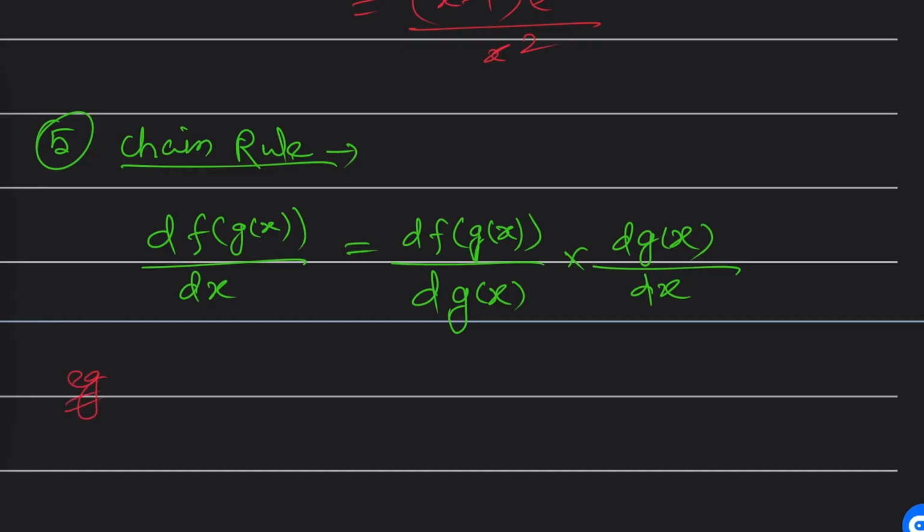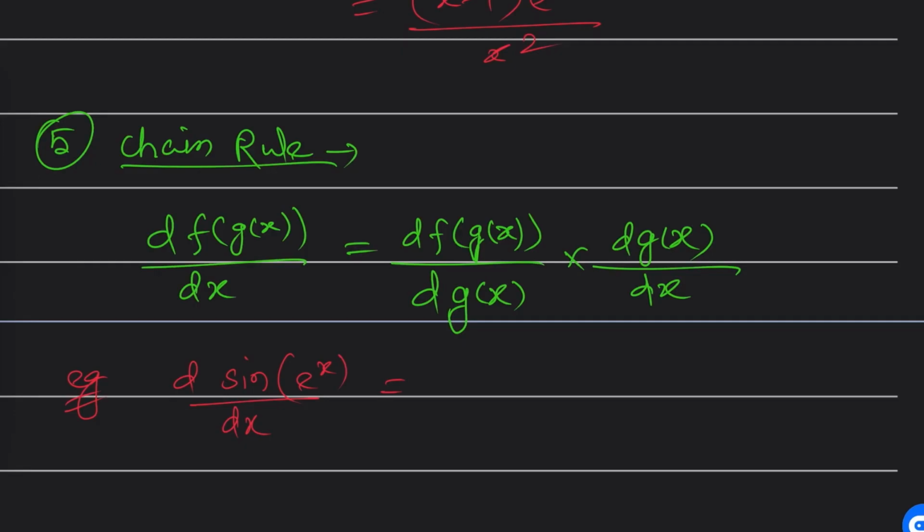Sir, example is, I want to differentiate, let's say, sine e to the power x with respect to x. How to do this? Isn't it a function of function? Yes. Sine is a function and inside, e to the power x is itself a function.